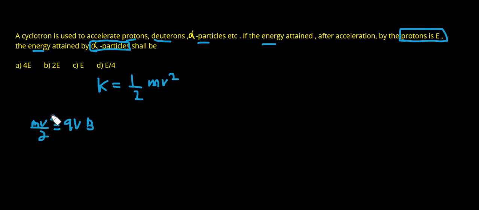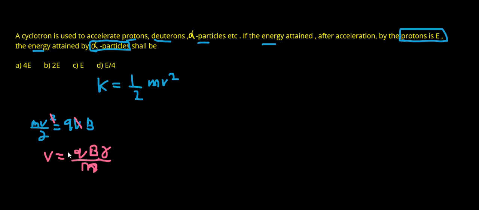So this square and this v get cancelled. Now v is equal to qBr by m, so v can be written like this.